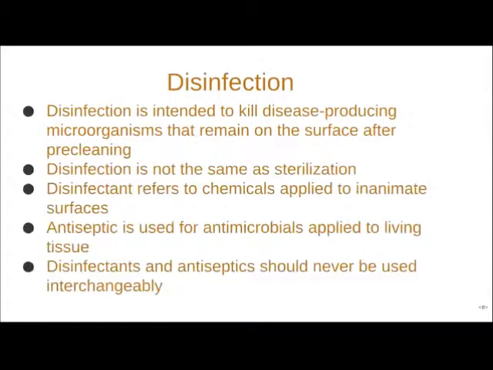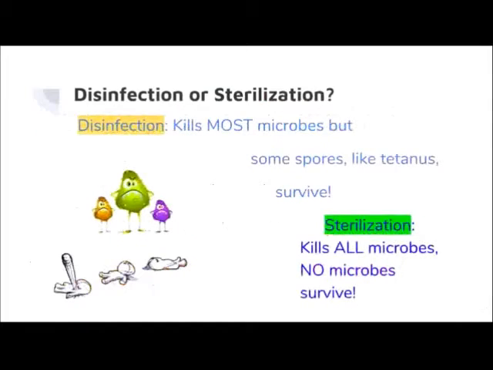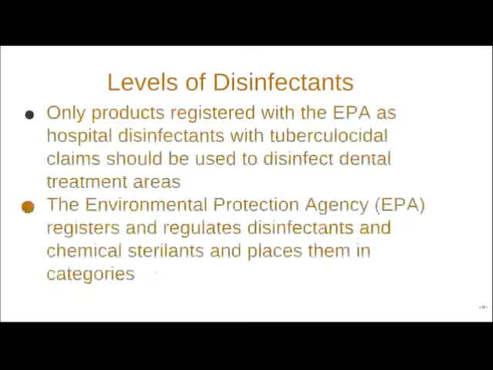So we talked about what disinfection means and the difference between a disinfectant and an antiseptic. And then we want to make the distinction between disinfection and sterilization, which we spoke about. Which brings us to the levels of disinfectants that we use in the dental office.